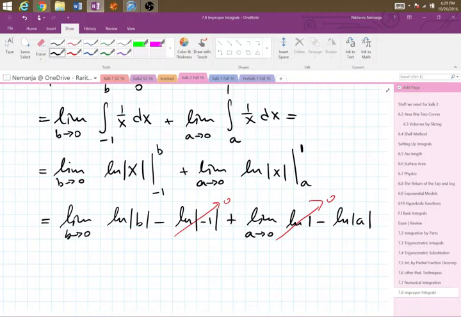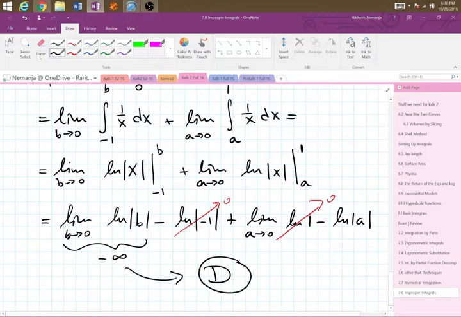Since this one over here is negative infinity, this one will also be. So as long as one of these happens, it immediately diverges, and that's all.